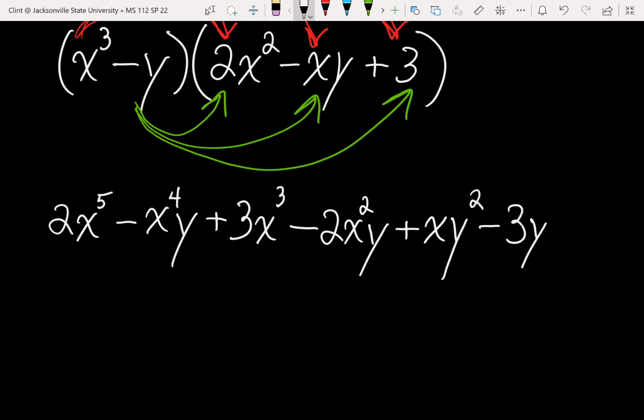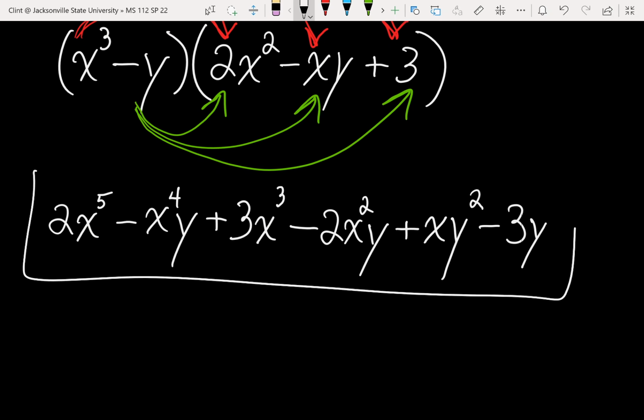This one has an x to the fourth. Nothing else has x to the fourth, so that's all we use. This one has x cubed. Nothing else has one of those. We've got x squared. Nothing else has one of those. This one has just an x, or you could look at it as having a y squared. Nothing else has that. The last one just has a y. So I actually didn't have any like terms on this. Big mess for our answer.